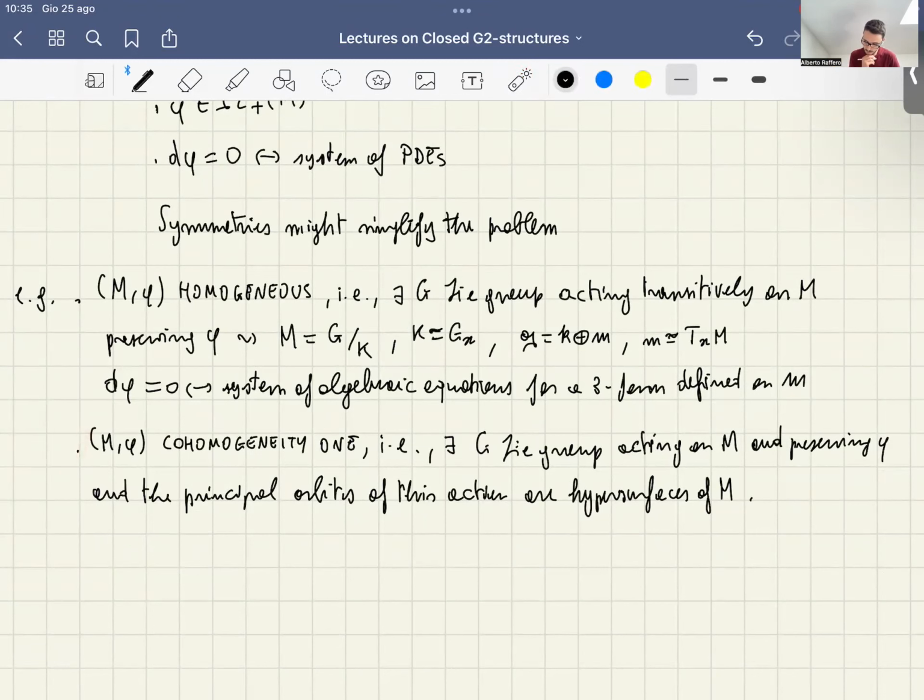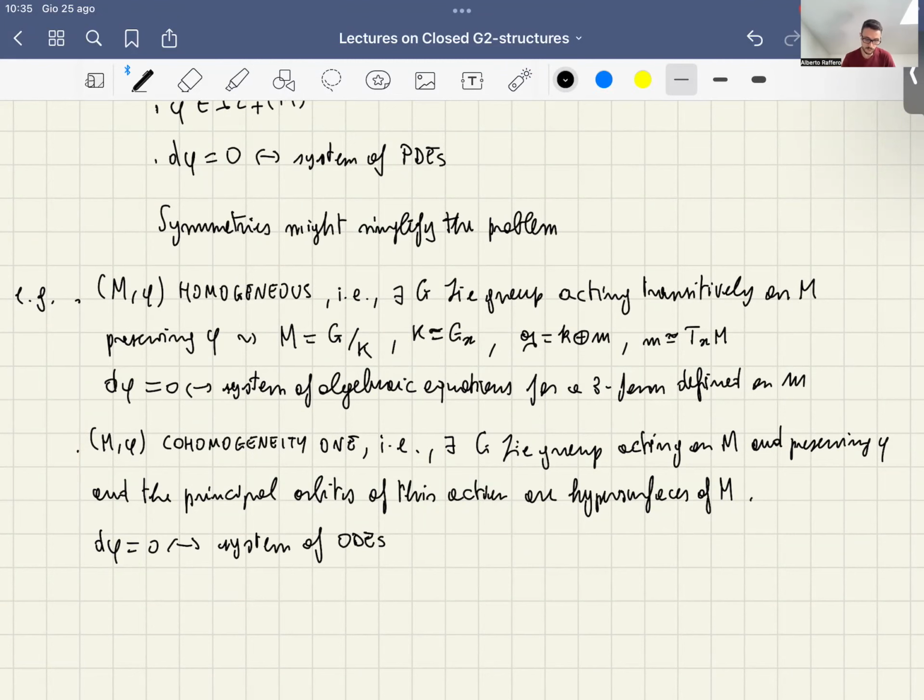And in such a case, it is a bit more involved to describe all the structure of the manifold, but let me just say that in such a case, the equation you would like to solve becomes equivalent to a system of ODEs for certain functions that you use to define the generic invariant 3-form.